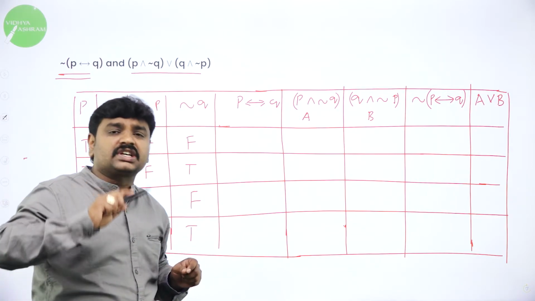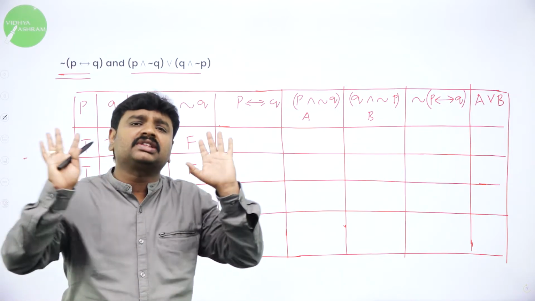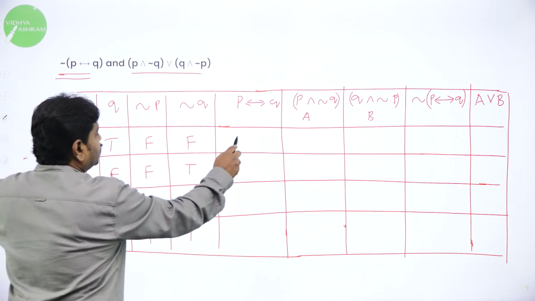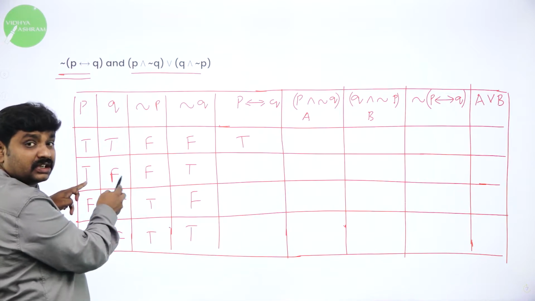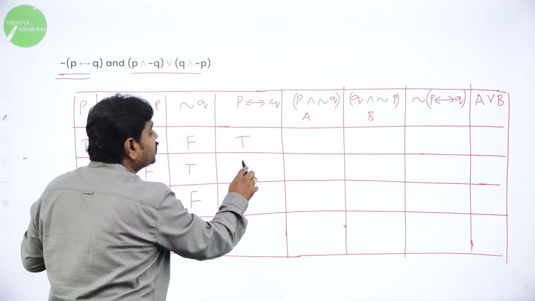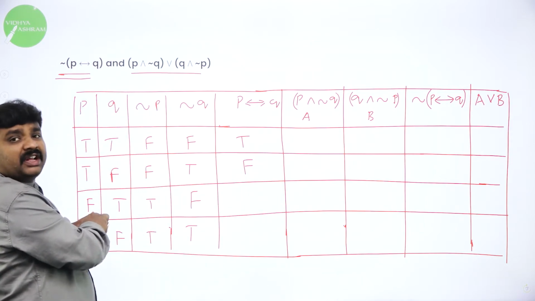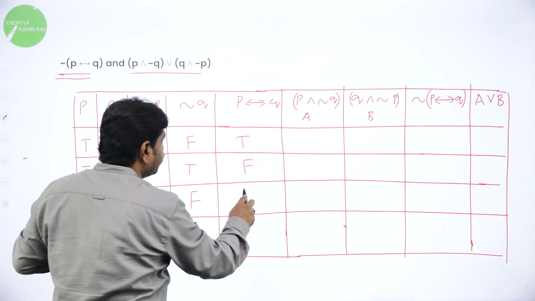I told you the logic of biconditional. If both are same, result is true. So true, true, result is true. True, false: P and Q are different, so answer is false. Similarly, false, true: one statement is false and one is true, so they are opposite and the result is false.